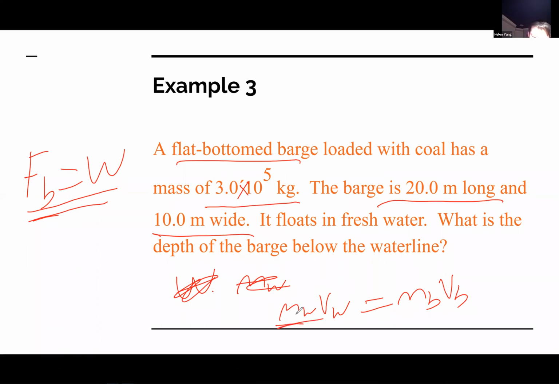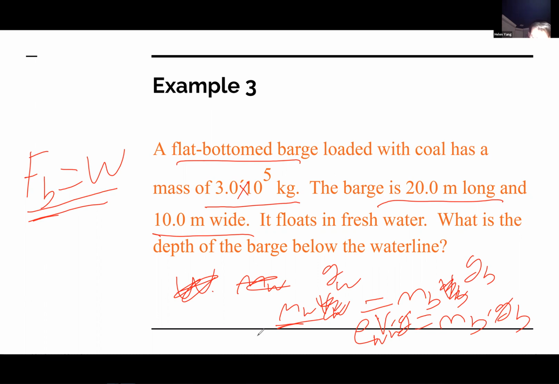You can write mass as density, rho times V. So it's rho times V times g, displaced by the water, is equal to the mass of the barge times g. You can cancel g out because it's just the gravitational acceleration constant.